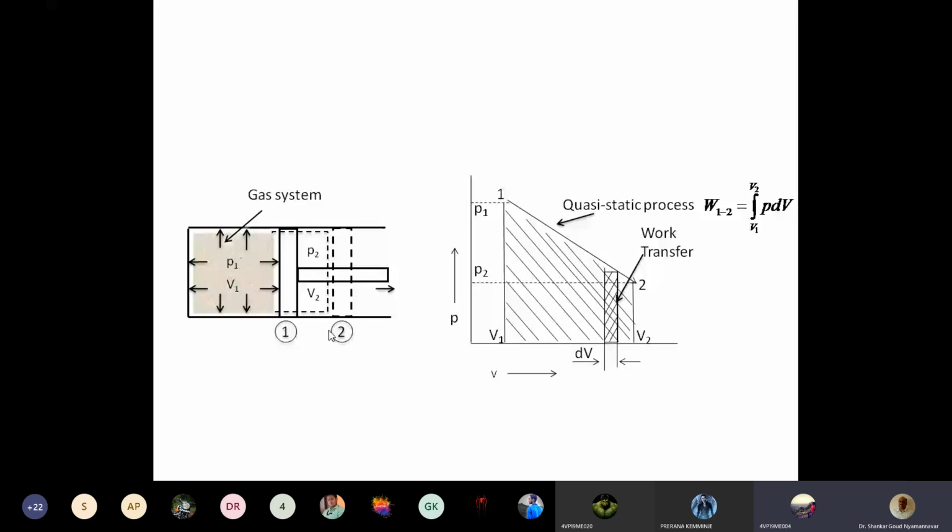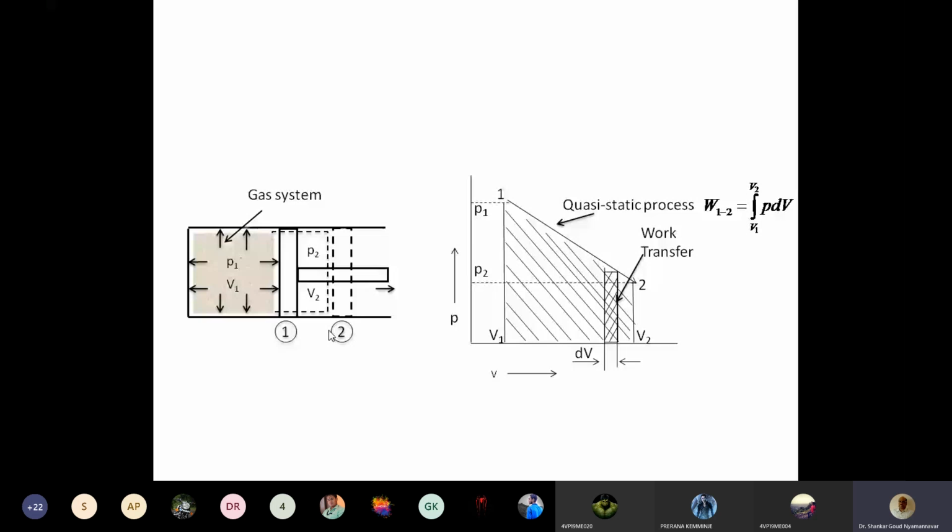Okay, now the triangle area. What is the triangle area? Half BH, half breadth into height. Right? What is the breadth here? V2 minus V1.